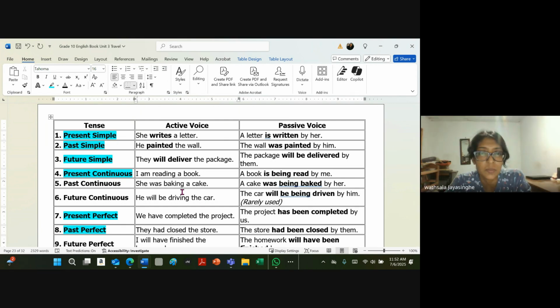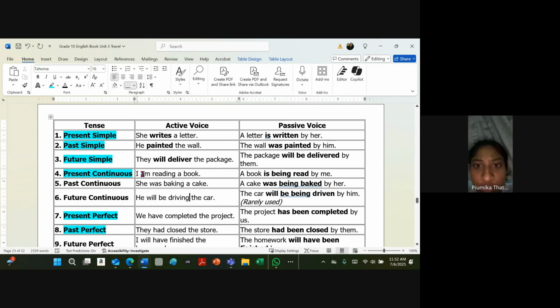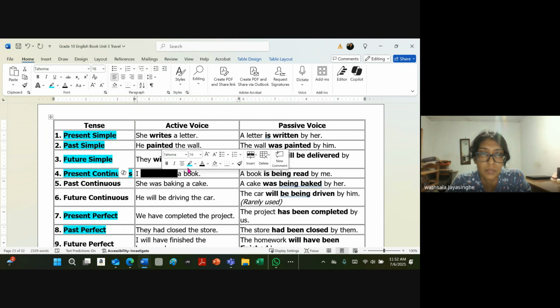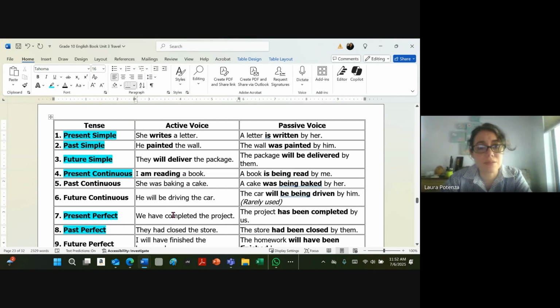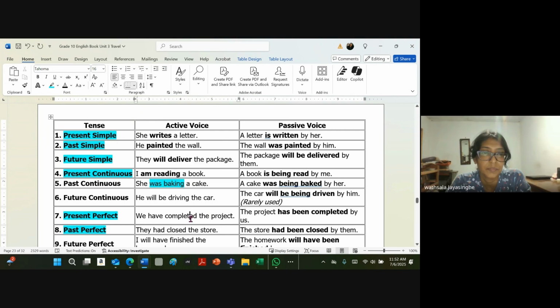The wall was painted by him. Future simple, they will deliver the package. The package will be delivered by them. Present continuous, I am reading a book. A book is being read by me.